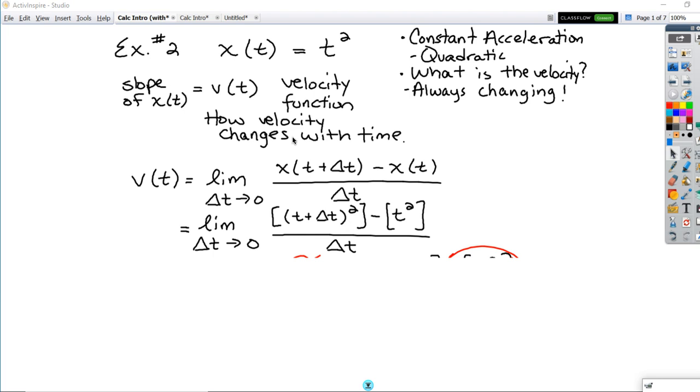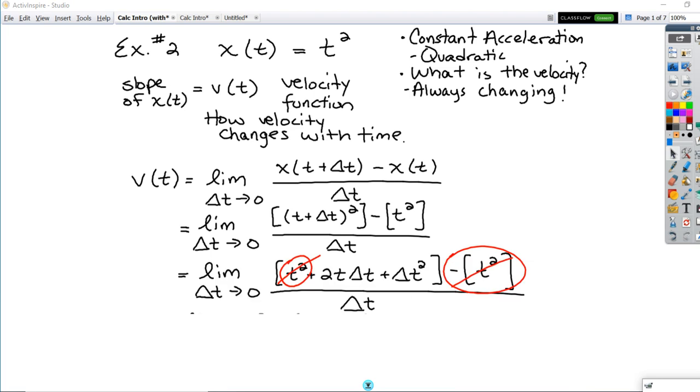And so this is where in calculus people start to get a little anxious having to do this all the time, but you'll see that our derivative rules are going to help eliminate having to follow through with this process all the way, but we want to make sure that this process works as well. So let's evaluate this by foiling the t plus delta t terms, and then we can try to simplify.